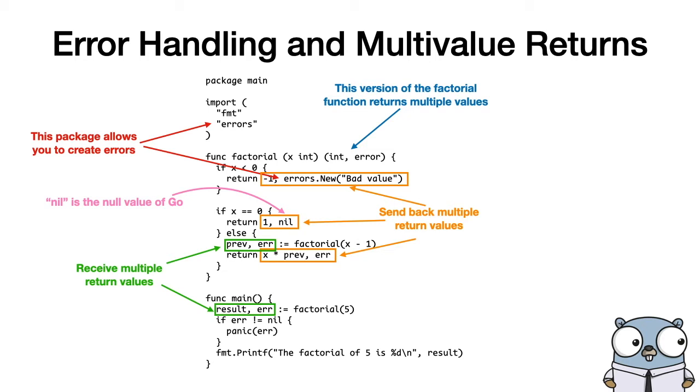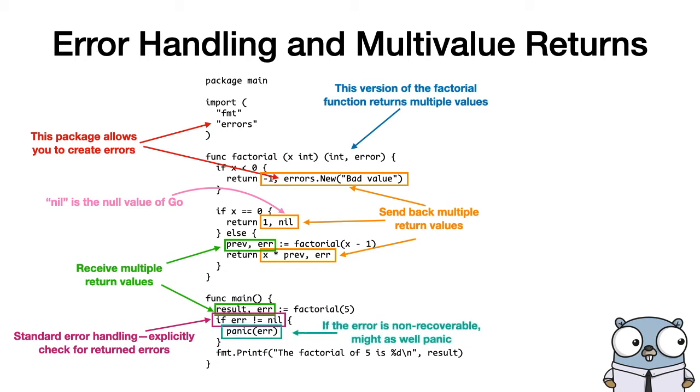So then, if you notice in main, we're receiving both the result and an error value, and this is a common paradigm in Go for error handling. You receive both a regular value and an error, and you check to see if the error is nil. And if the error is not nil, you do something with it. And panic is a special function that, if you have a non-recoverable error, you can call, and that will simply exit the program with the error message. So that's how you handle errors and multi-value returns.